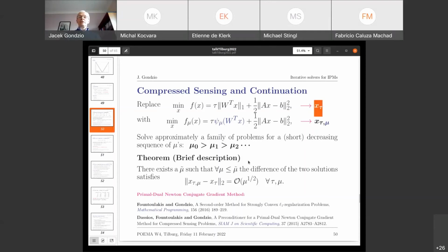If we do it carefully, then we can prove that the distance from the solution x tau mu to x tau in 2 norm behaves as O of square root of this parameter mu, which means that if mu goes to 0, the error will also go to 0, which means that we can, by performing several steps like this, starting from larger mu and then decreasing it, gradually approximate the solution of the true problem.